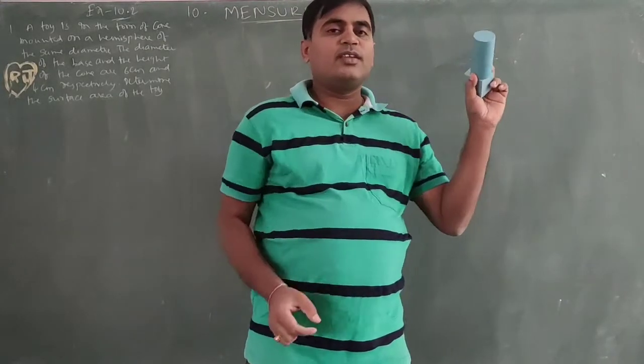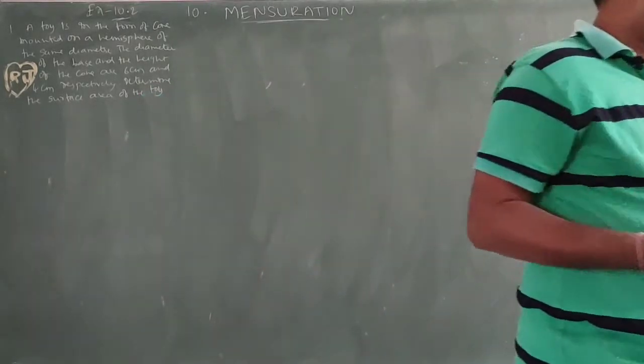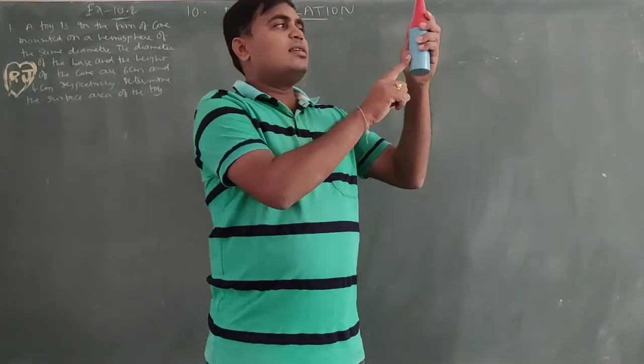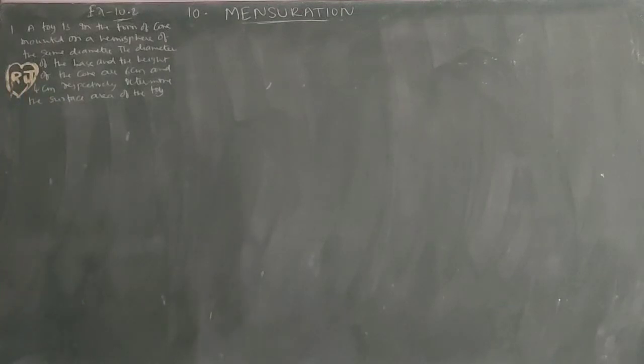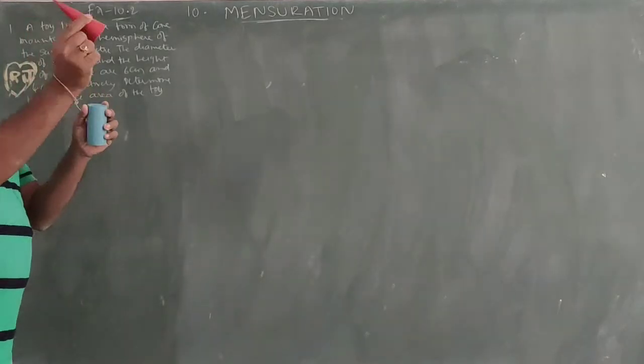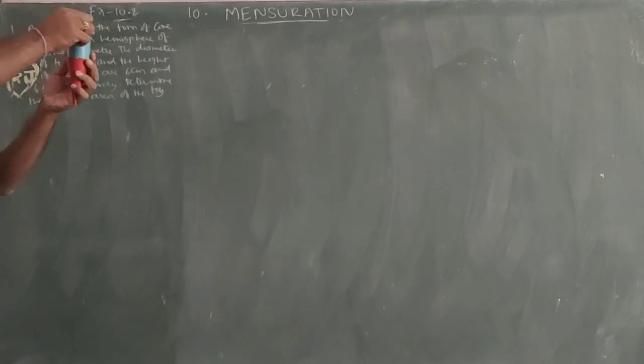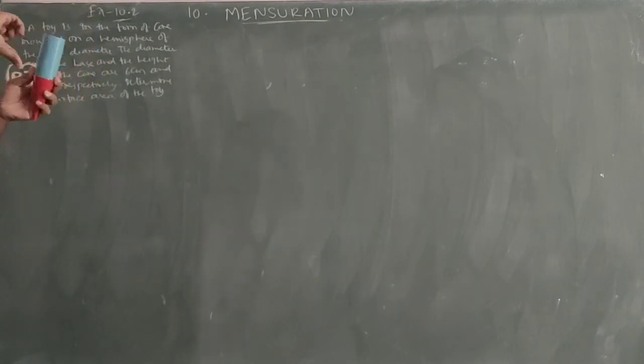I am drawing a cylinder here, but actually this is a cone, and instead of the cylinder we need to take a hemisphere with the same diameter as the base.